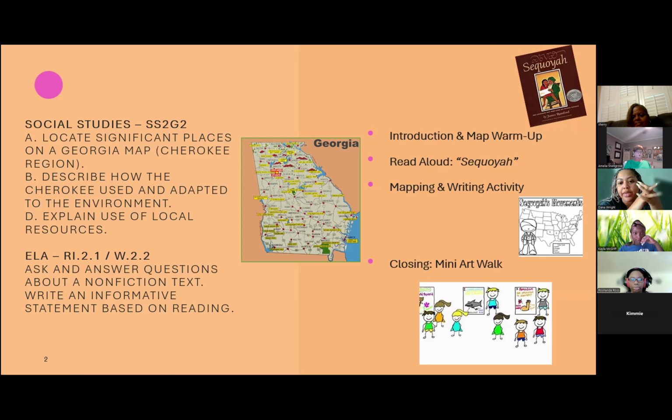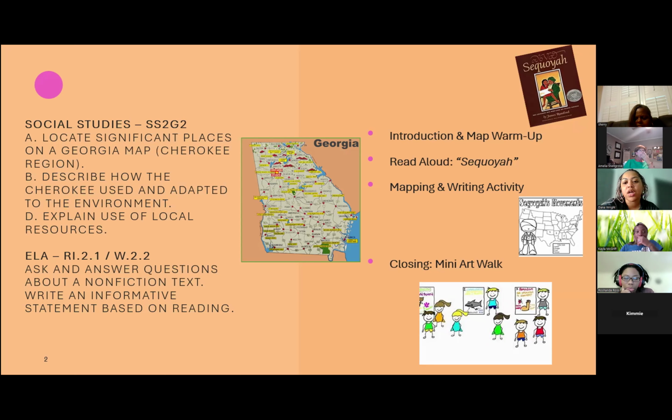So this is just like a 1-day plan. We'll introduce the standards, the objectives for today, and then of course introduce the map, and then we'll read aloud Sequoia because that will be the main focus for the day. And then the kids will have a blank map template, and they will color code specific areas on the map and then write about it.